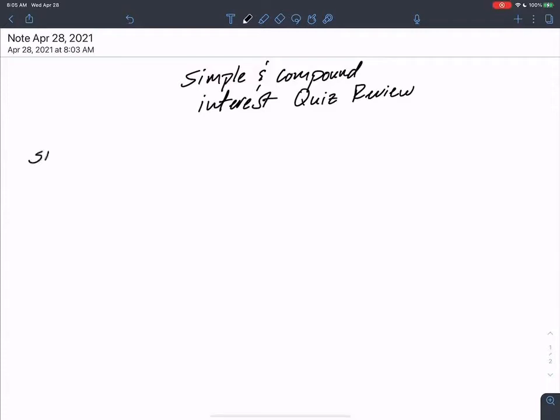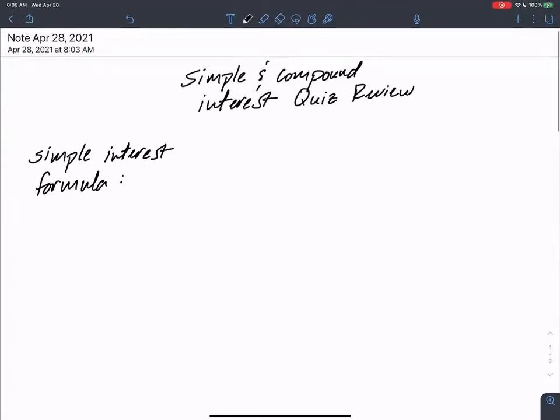So the simple interest formula is I equals principal times rate times time. Okay?